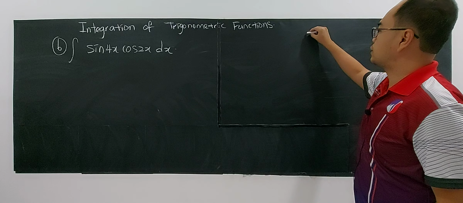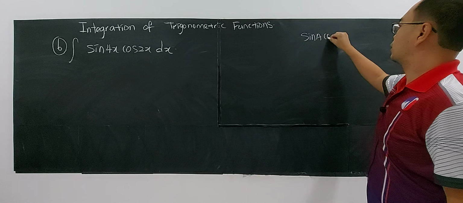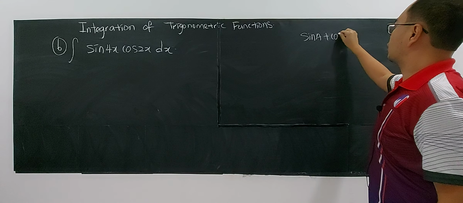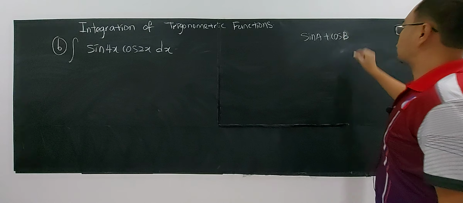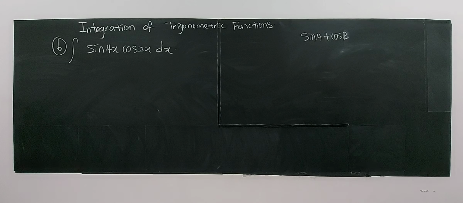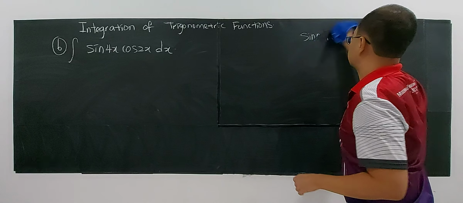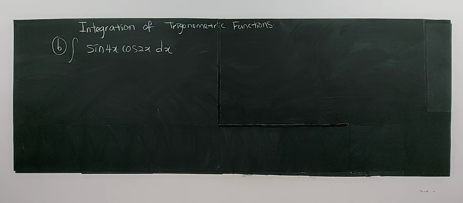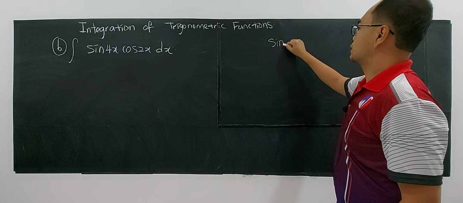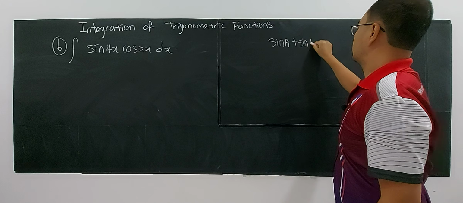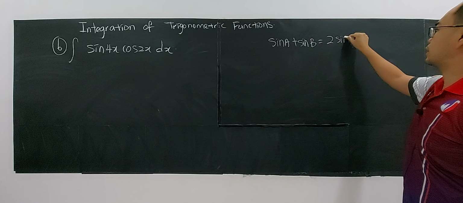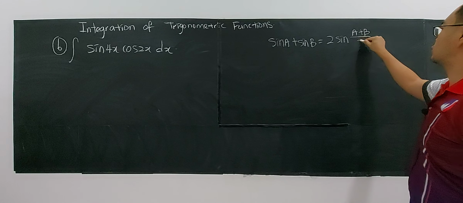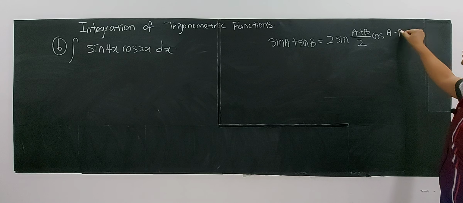What I mean here is I am using the formula of sine A plus sine B. If you still remember, sine A plus sine B produces 2 sine of (A plus B) over 2, times cos of (A minus B) over 2.